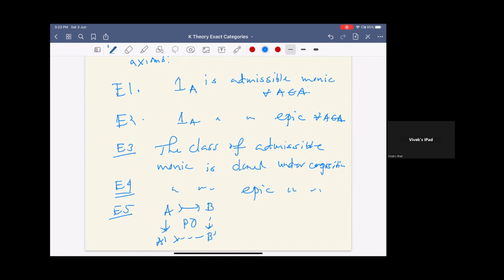Take any admissible monic and take the pushout along any arbitrary morphism. Then the resulting morphism that you get is also an admissible monic. The pushout of an admissible monic is an admissible monic, and the pullback of an admissible epic is always an admissible epic.